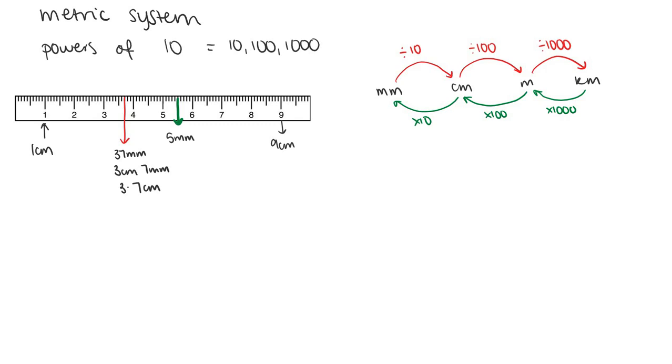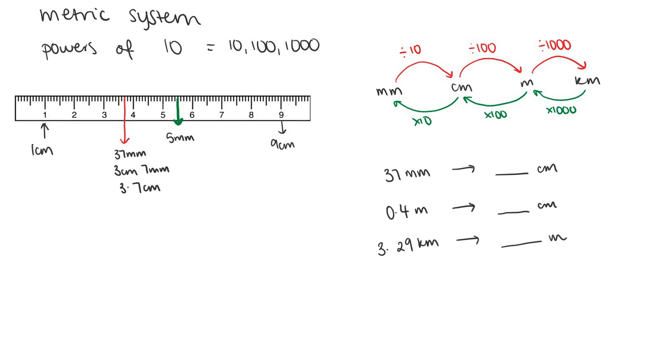So let's have a go at converting some here. We already did 37 millimetres, but we're going to do that one again just to go through it, into centimetres. We're going to try 0.4 metres into centimetres. Let's try 3.29 kilometres into metres.